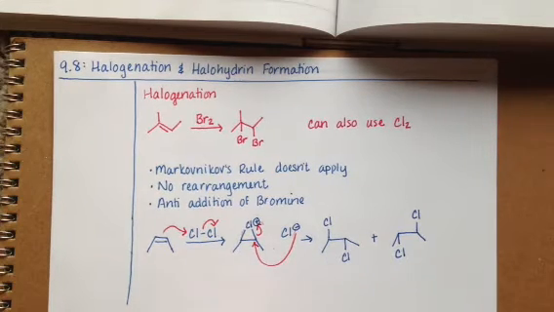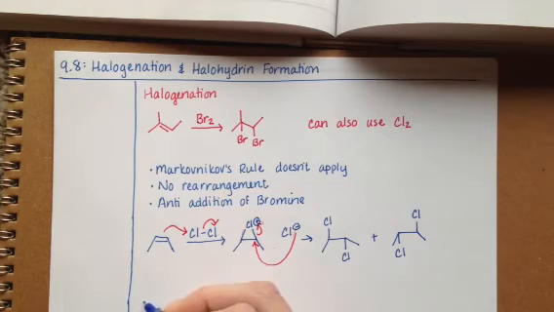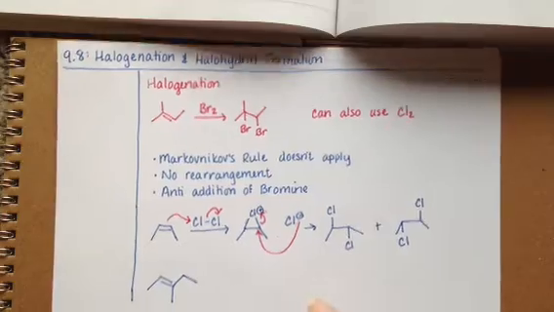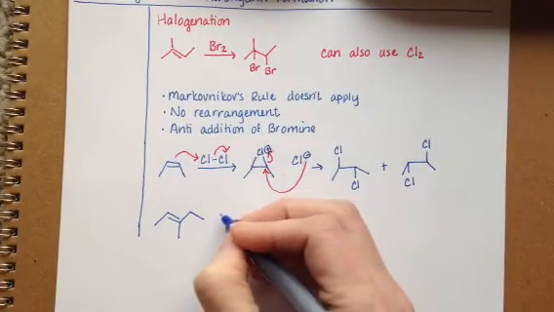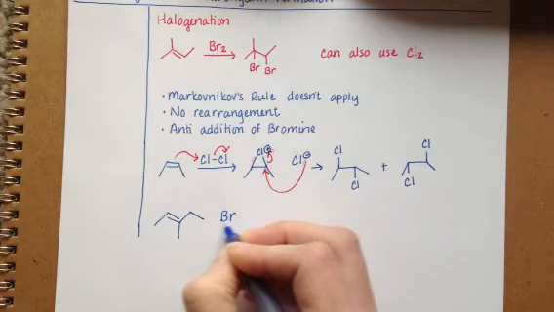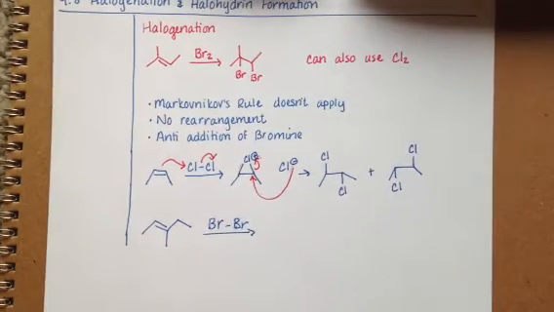So let's look at a couple of examples of this in action. Let's consider this alkene. And let's use bromine this time. We'll go ahead and draw the mechanism again.